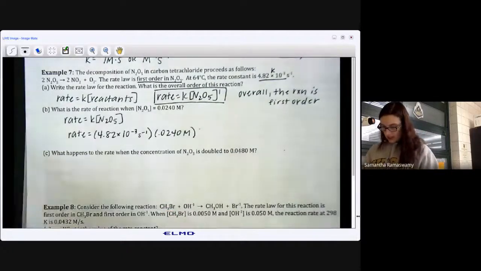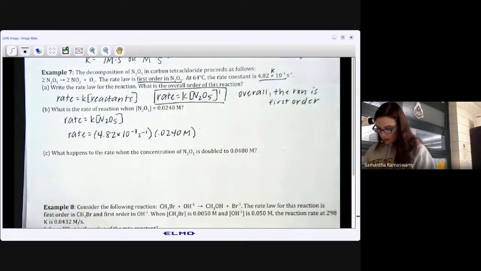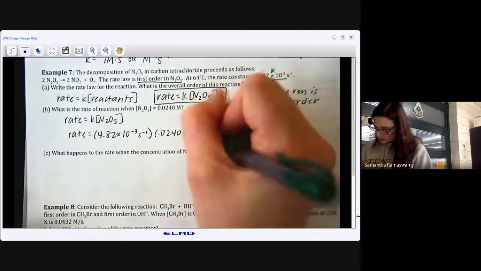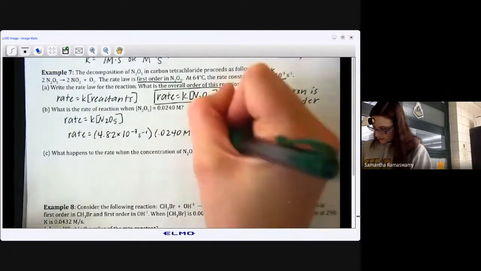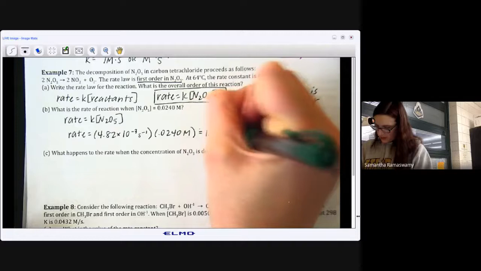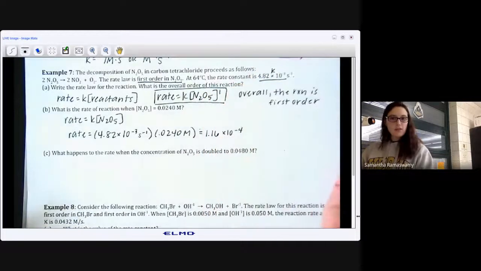So now we can plug this into our calculator. 4.82 times 10 to the negative third times 0.024. I suppose 3 sig figs: 1.16 times 10 to the negative fourth.